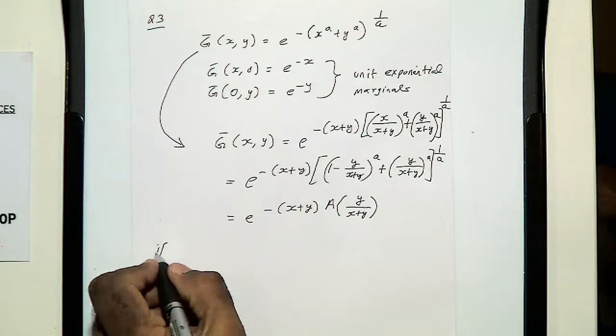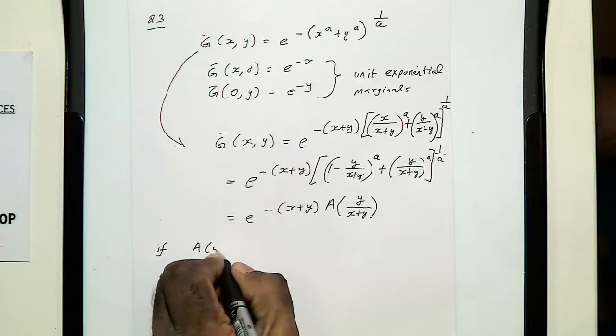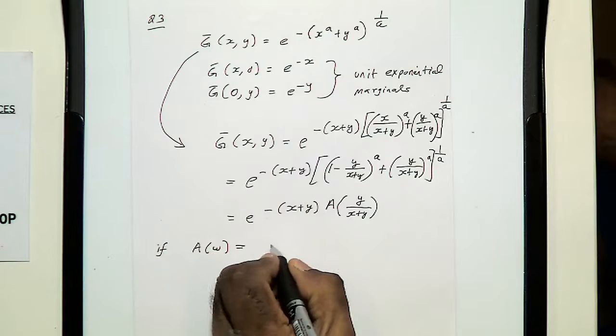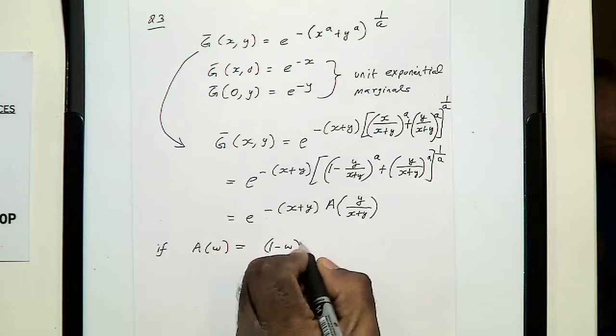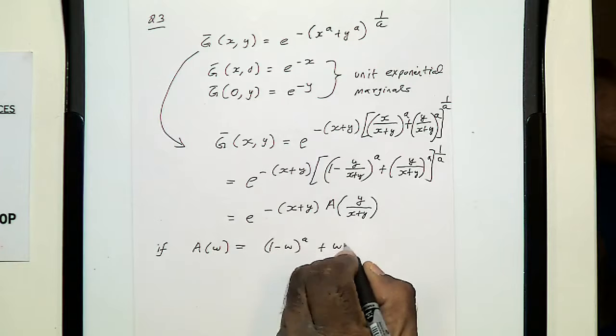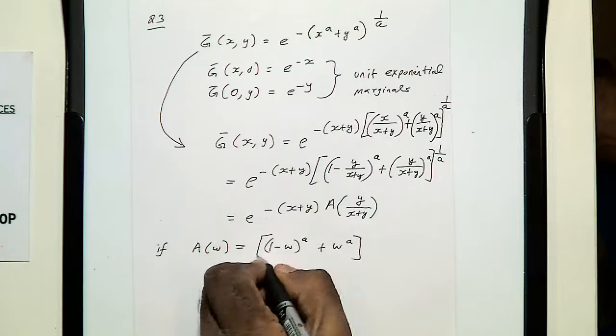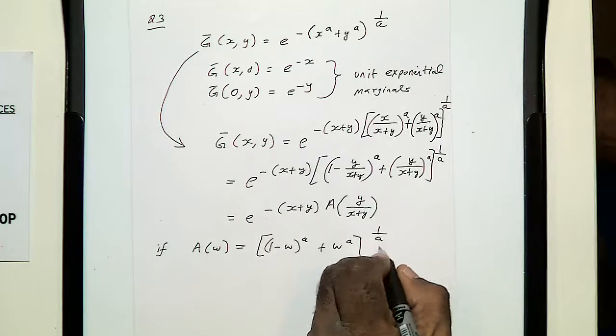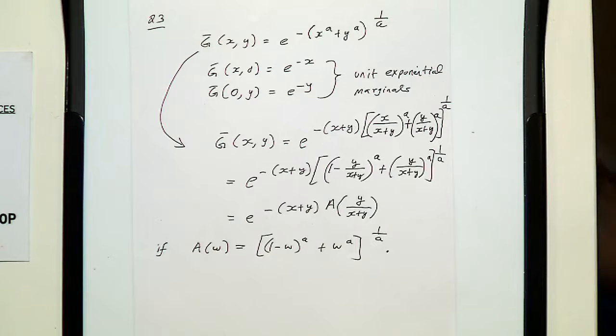If A of omega is equal to (1 minus omega) to the power A plus omega to the power A. Alright, so this is the function for A of omega.